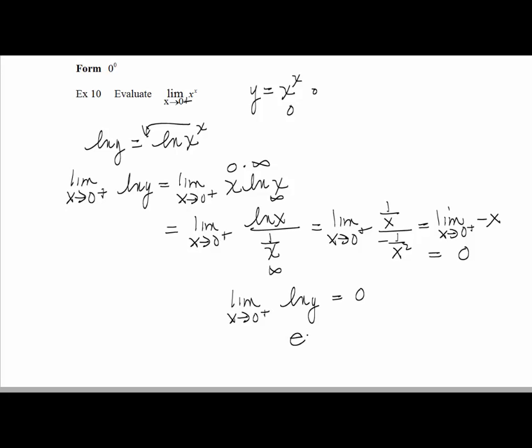We need to exponentiate each side. We're taking the limit as x approaches 0 from the right of e to the ln y, and e to the ln y is actually equal to y. So the limit as x approaches 0 of y is equal to e to the 0. In this case, it's equal to 1.